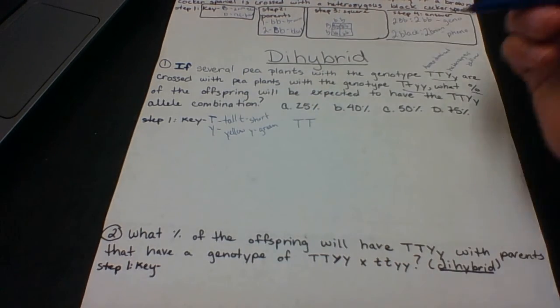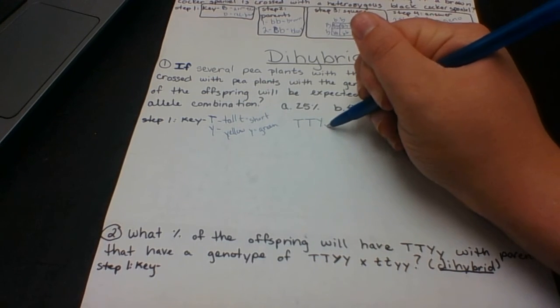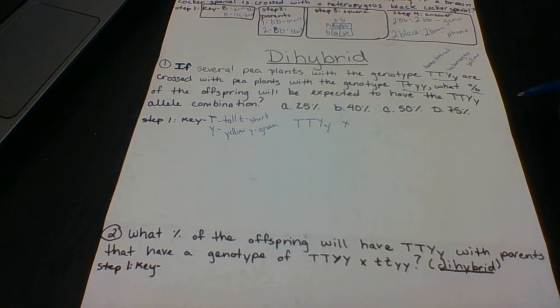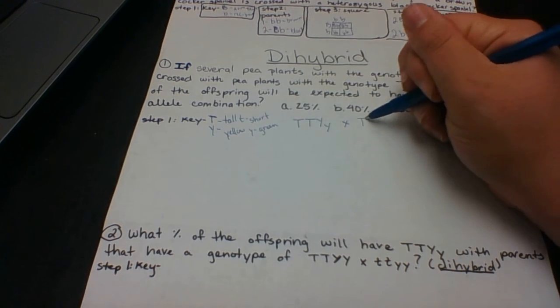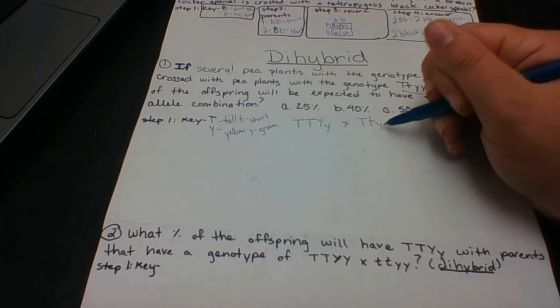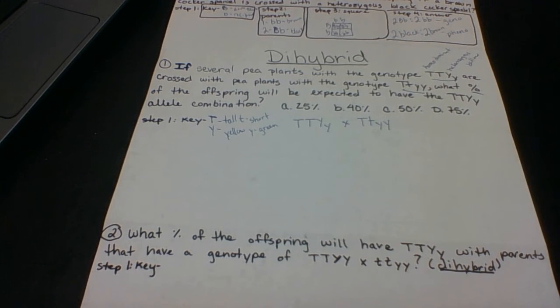Okay, so TT Y crossed with heterozygous T and homozygous recessive y. So those are our parents. Step 2. Step 3, we've got to make the square.